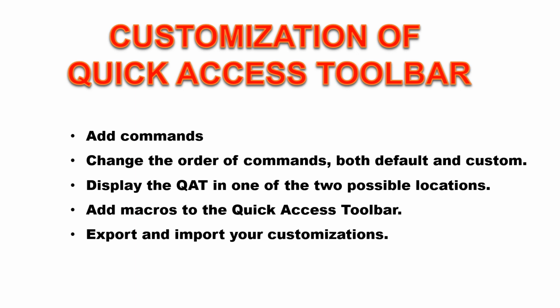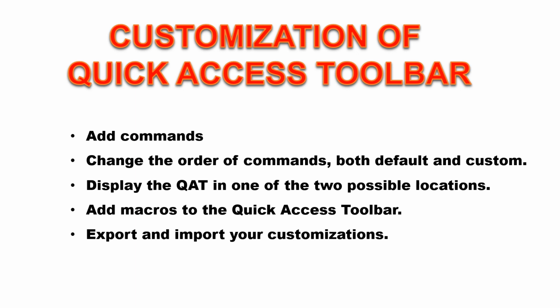So how do we customize the Quick Access toolbar? We can add new commands. We can change the order of the commands. We can display the Quick Access toolbar in two different locations. One to the left of the title bar, another one just above the worksheet area.